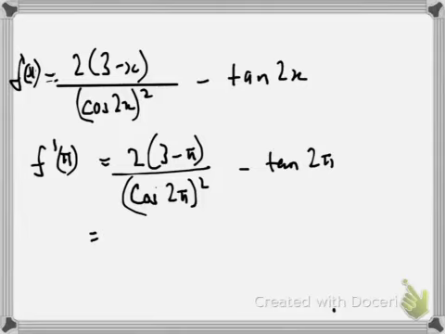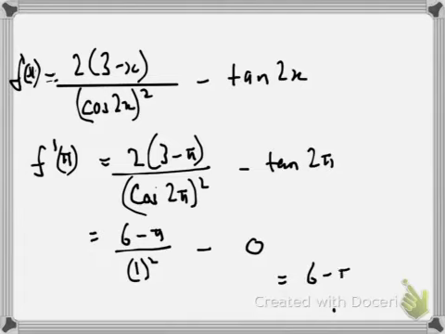On the top there we've got 6 minus pi over cos 2 pi. You can look up your table, or you might know already, cos 2 pi is 1, so it's 1 squared minus tan 2 pi. Also looking up the table, that is 0. And that gives us an answer of 6 minus pi.